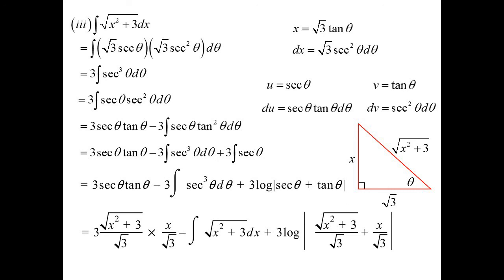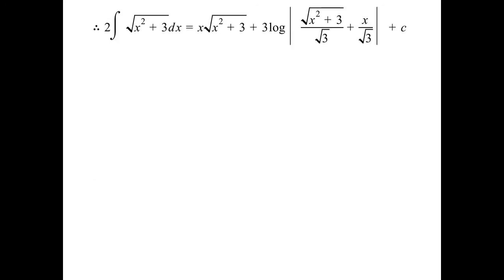So I sub that in. And the other substitutions. But now we read it like an equation. I can move this square root of x squared plus 3 dx to the left-hand side, and we end up with 2 lots of the integral of the square root of x squared plus 3 is this wonderful expression here.